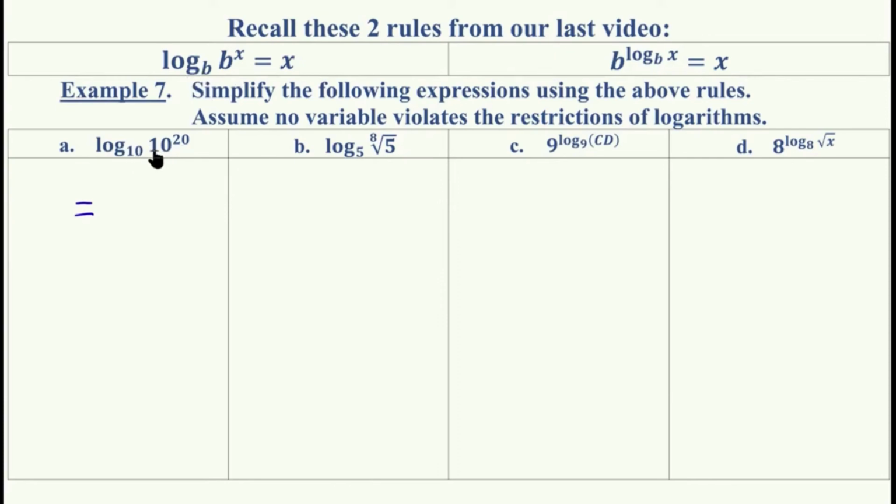Since the base here and the base of that power are the same, we're just going to get 20. On this one, we have to do a little bit of work first. So we have to take the 8th root of 5 and first write it as 5 to the power of 1/8. Now we can see we're exactly in this format, and we're going to just get 1/8.